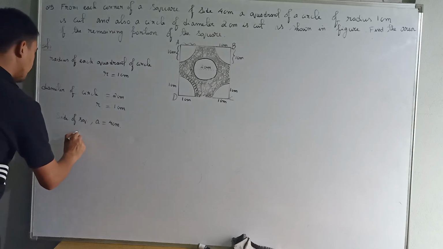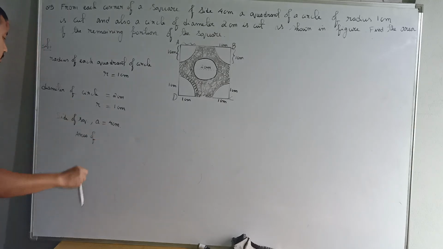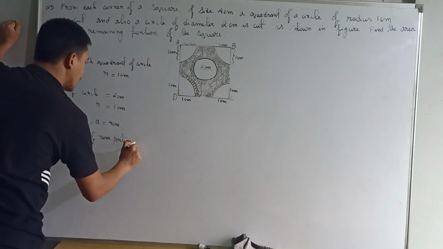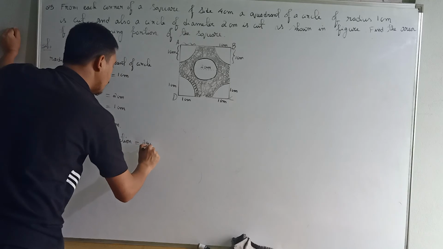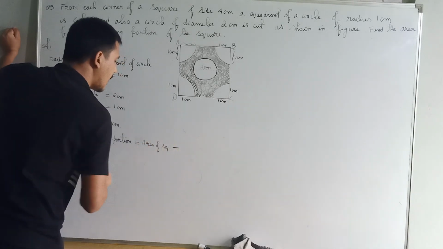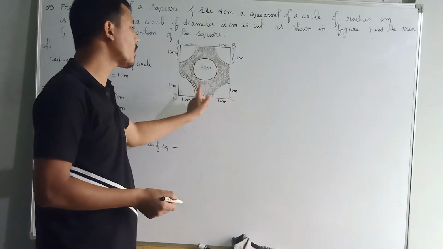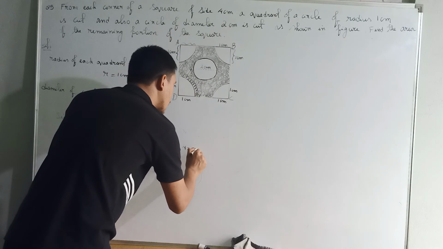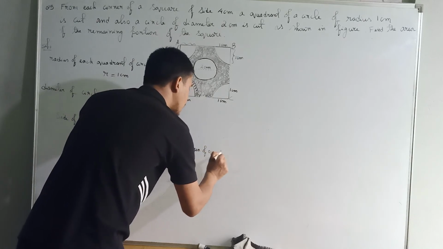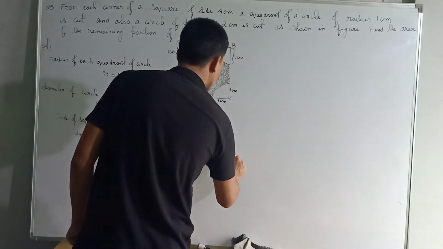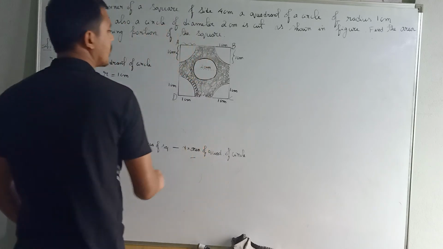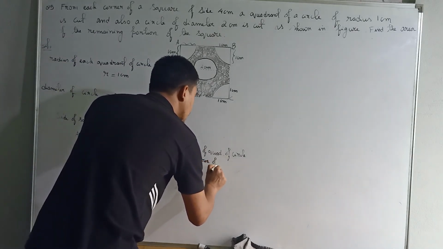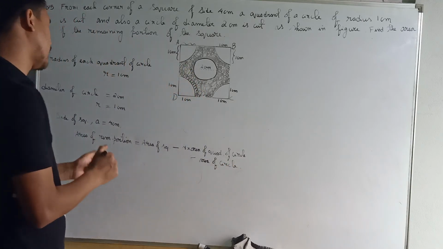Area of the remaining portion will be given by the area of the square, minus, from the area of the square we'll subtract, 4 times the area of each quadrant of the circle, minus the area of the circle at the center of the square.